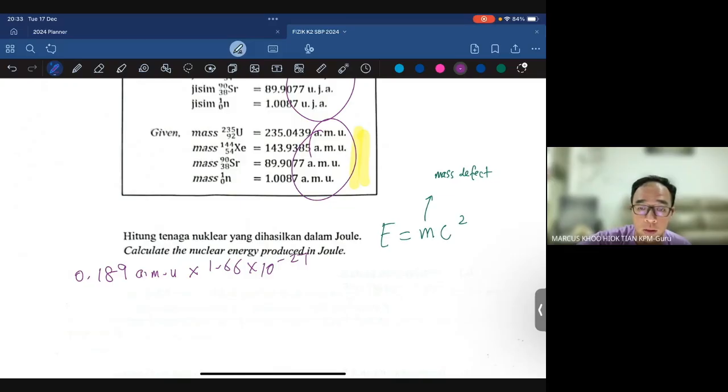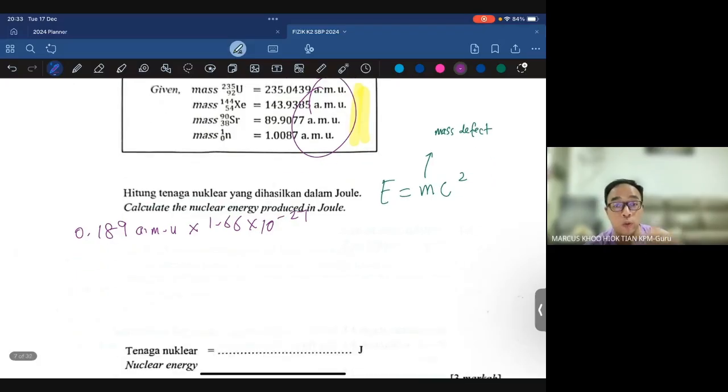Oh wow, ada juga yang baru masuk. Which will give you the mass in kilogram. So we need to change the mass from AMU to kilogram, and then only you can put it in the formula over here. So I'm going to put 3 times 10 to the power of 8.